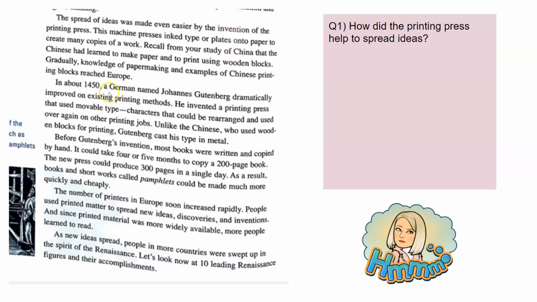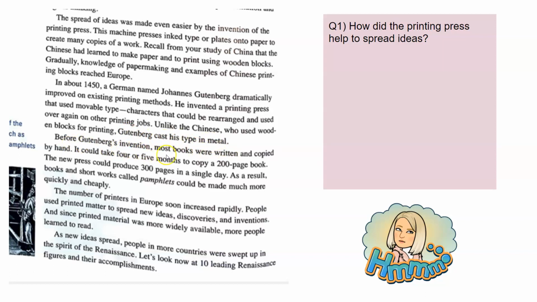In about 1450, a German named Johannes Gutenberg dramatically improved on existing printing methods. He invented a printing press that used movable type, characters that could be rearranged and used over again on other printing jobs. Unlike the Chinese, who used wooden blocks for printing, Gutenberg cast his type in metal.